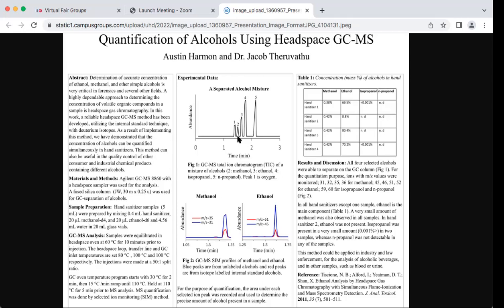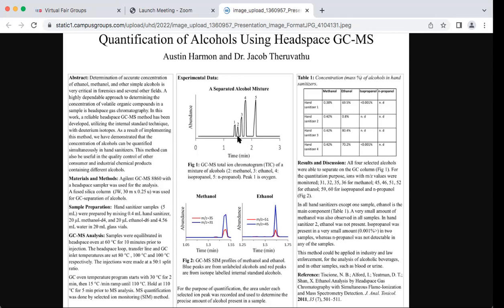So peak number 2 is methanol, 3 is ethanol, 4 is isopropanol, and 5 is N-propanol. The whole point of figure 1 was to show that all the settings on the machine were properly working, and the machine does separate all 4 alcohols.